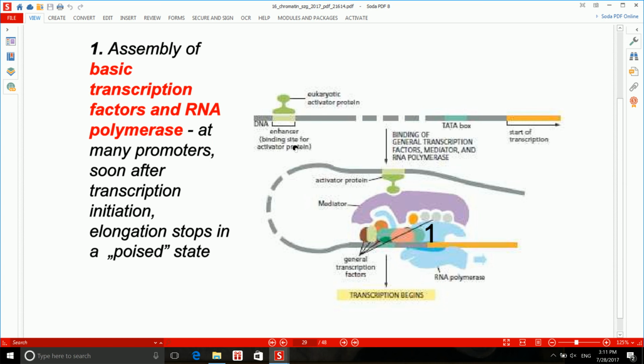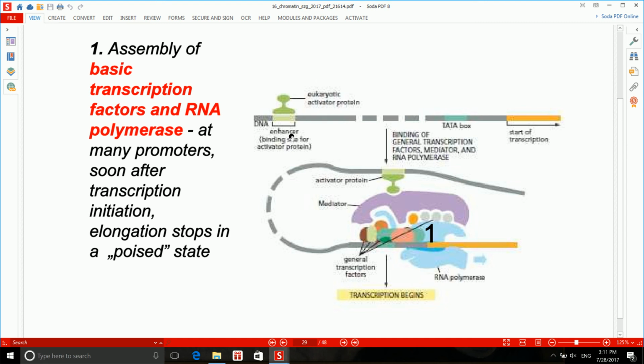Now, enhancers or silencers, in contrast to promoters, can be located either upstream or downstream, and they don't need to be right next to the genes. They can be 100 base pairs or 1,000 base pairs away from the genes that they regulate.